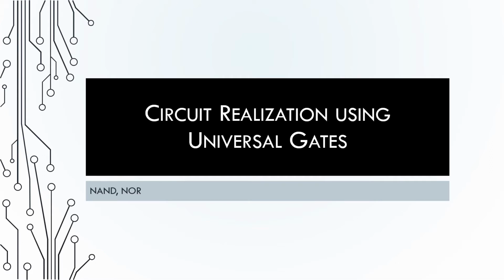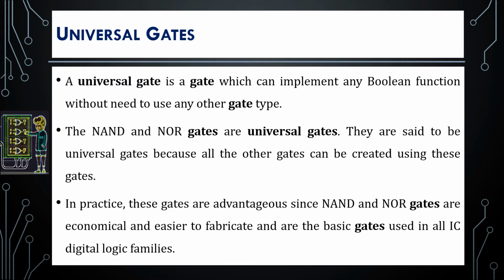A universal gate is a gate which can implement any Boolean function without the need to use any other gate type. The NAND and NOR gates are said to be universal gates because all the other gates can be created using these gates.